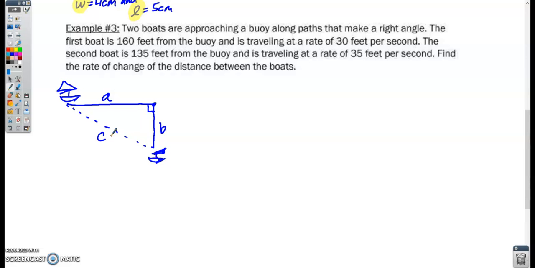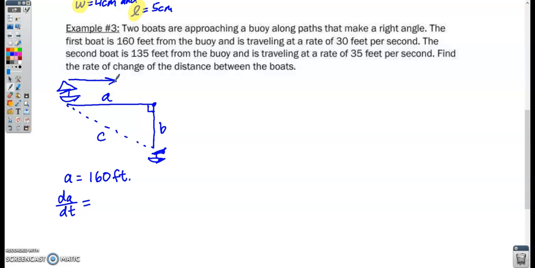Okay, so at the moment that we're concerned with, where we're trying to find the rate of change, the first boat is 160 feet from the buoy, and dA/dt, now this is a tricky one. As time goes by, this boat is getting closer and closer to the buoy.